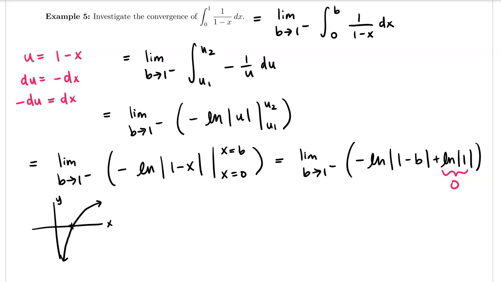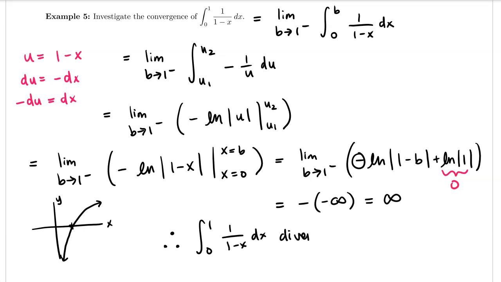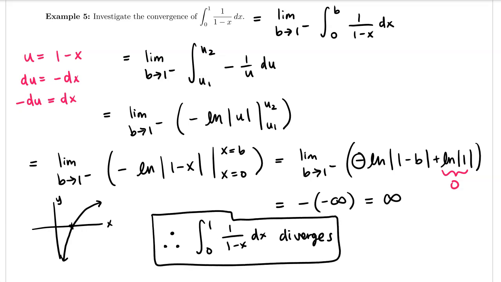So as the input of the natural log gets closer to 0, the output gets closer to negative infinity. So we have this negative sign from here, and then the limit as b approaches 1 from the left-hand side is approaching negative infinity, and so this goes off to infinity. The conclusion we can make then is therefore the original integral diverges. And there's our answer.